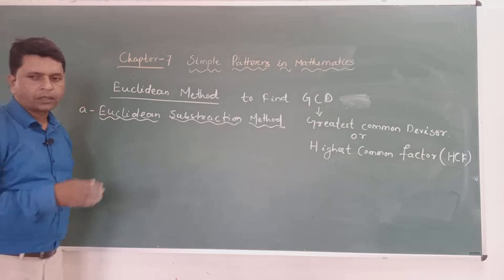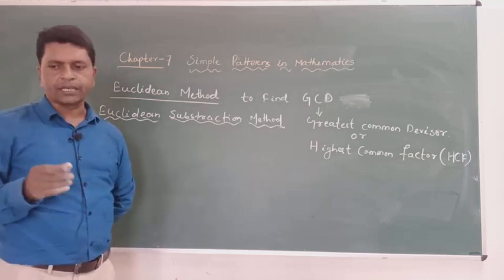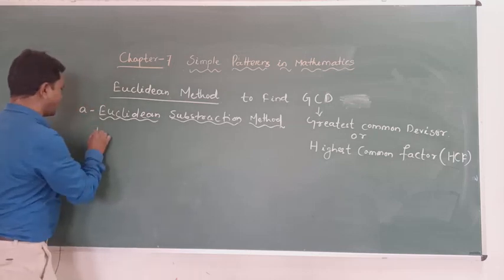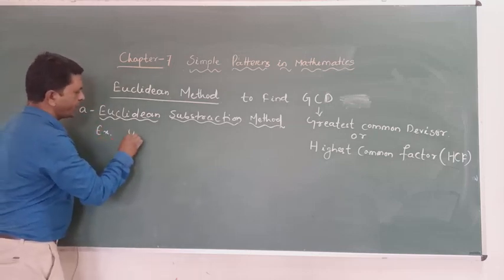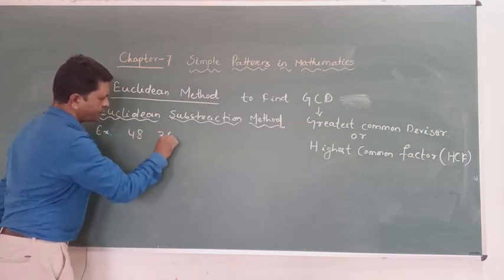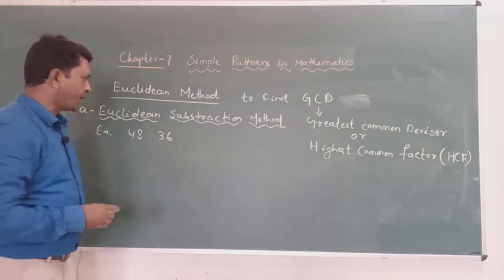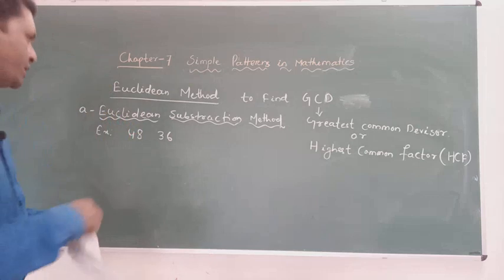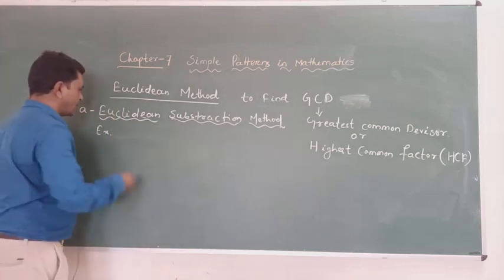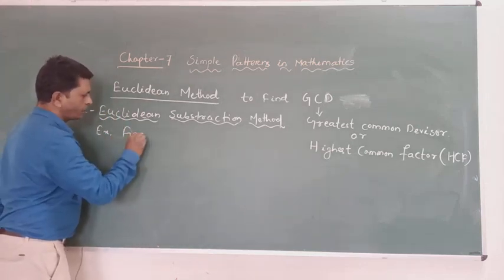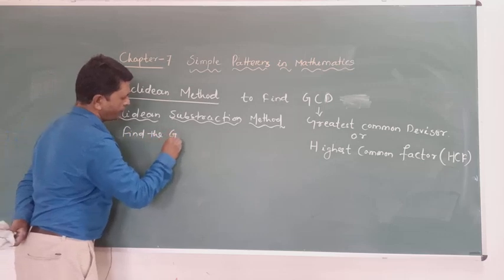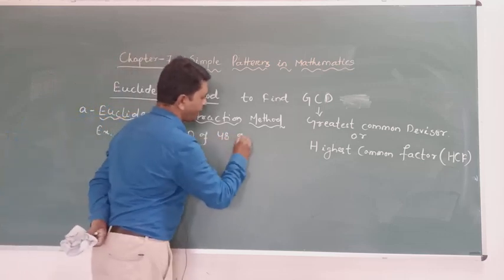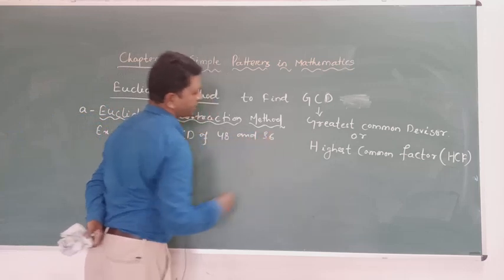Let me take an example, 48 and 36. I am writing a question here: find the GCD of 48 and 36.